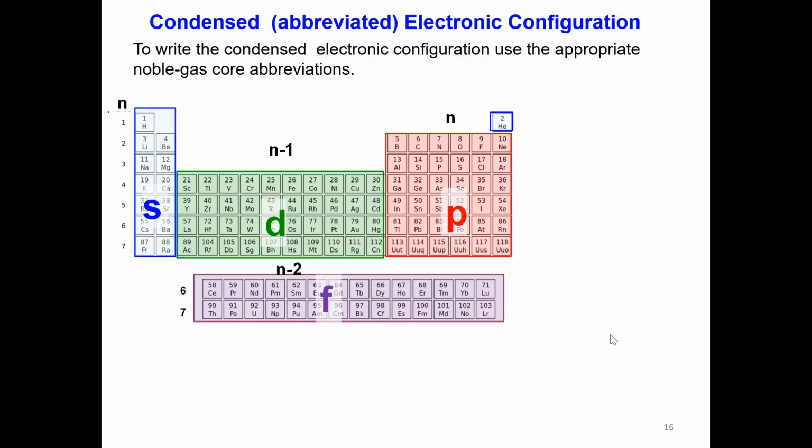Now we are going to learn how to write the condensed or the abbreviated electronic configuration. To write the condensed electronic configuration, we will use the noble gases electronic configuration, or we will base it on the noble gases electronic configuration. Let's write one example to understand how we can do that.